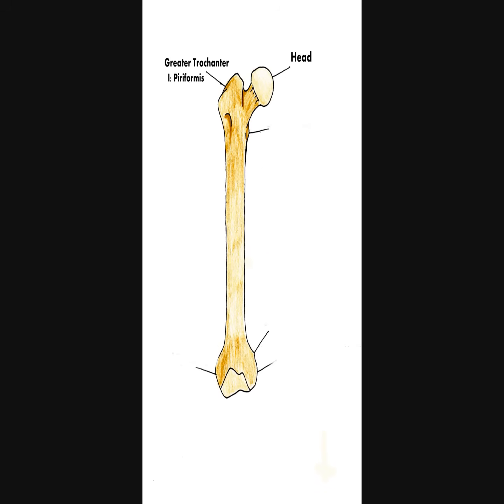Okay, so if we have a greater trochanter on the lateral side, on the medial side we have to have the opposite of that. So the opposite of greater would be lesser. Just below the head of the femur, we have the lesser trochanter. And we have two muscles that insert onto the lesser trochanter of the femur. One of these muscles originates on the iliac fossa, which we just went over a couple minutes ago.